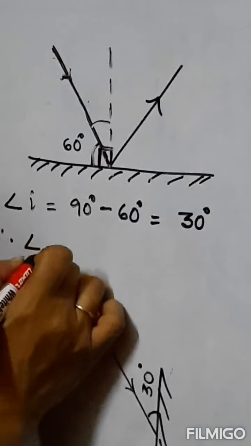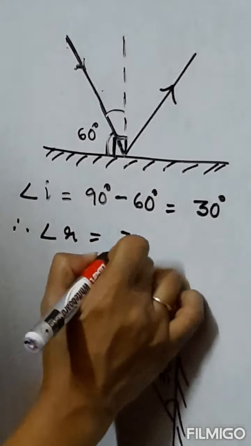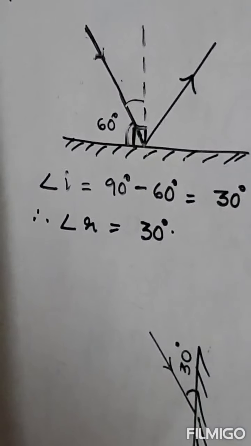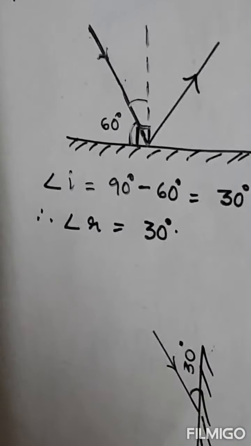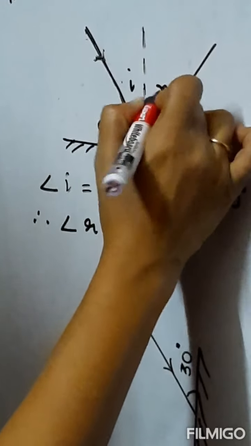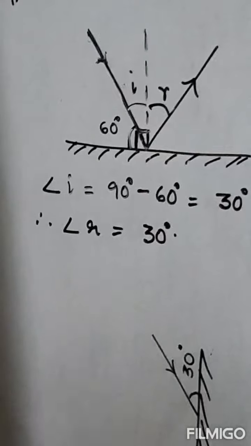Therefore, angle R is also 30 degree by the laws of reflection. So this is angle I and angle R, and they are 30 degree.